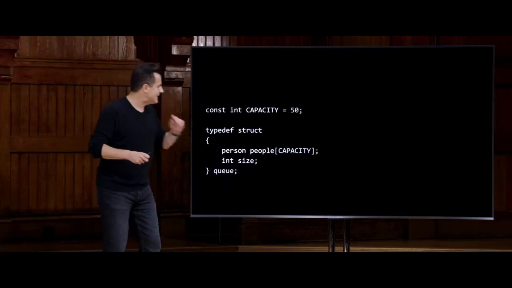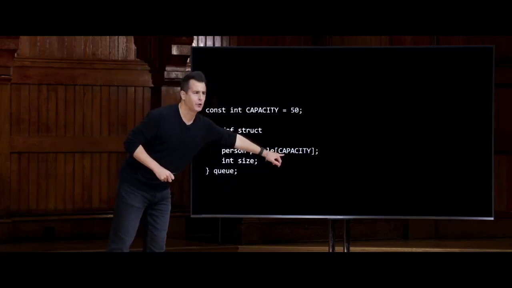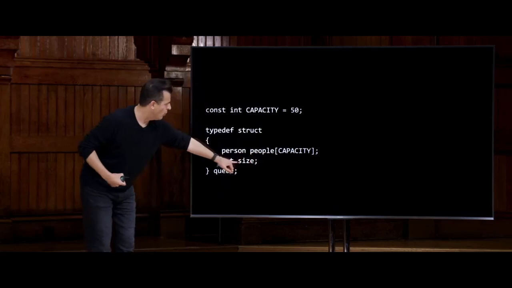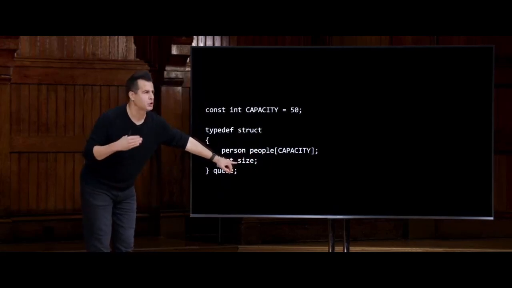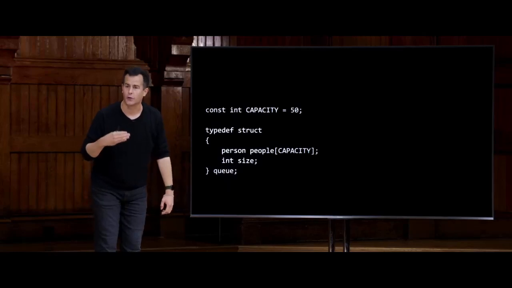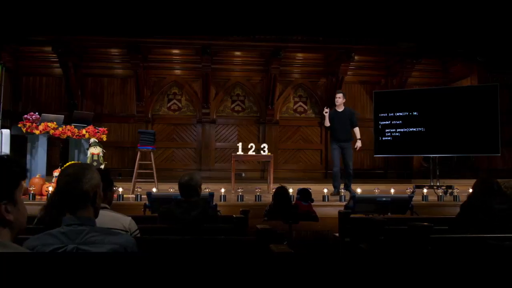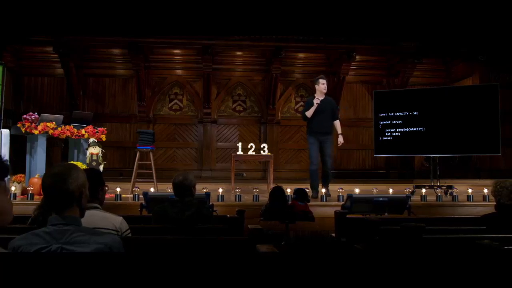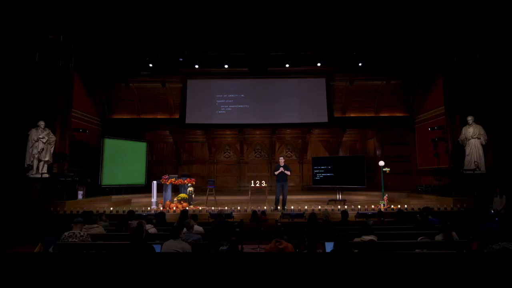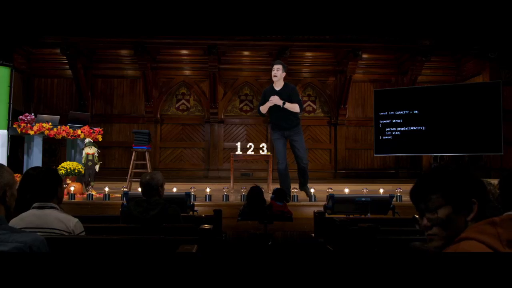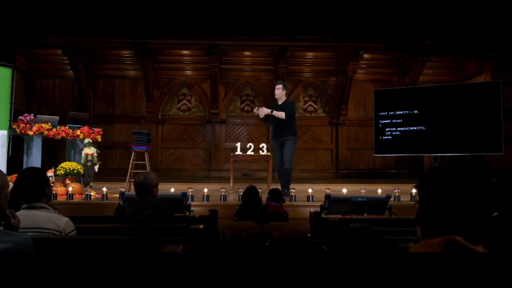Why is it that I need to keep track of the total capacity of a queue in code, but also apparently I constantly have to keep track of the size of the queue? It's a subtle difference, but these two words mean something very distinct. Capacity is and always will be 50 because it's a const. But size is different how? Just intuitively. Yeah, so size is going to be the current number of people or things in the queue.